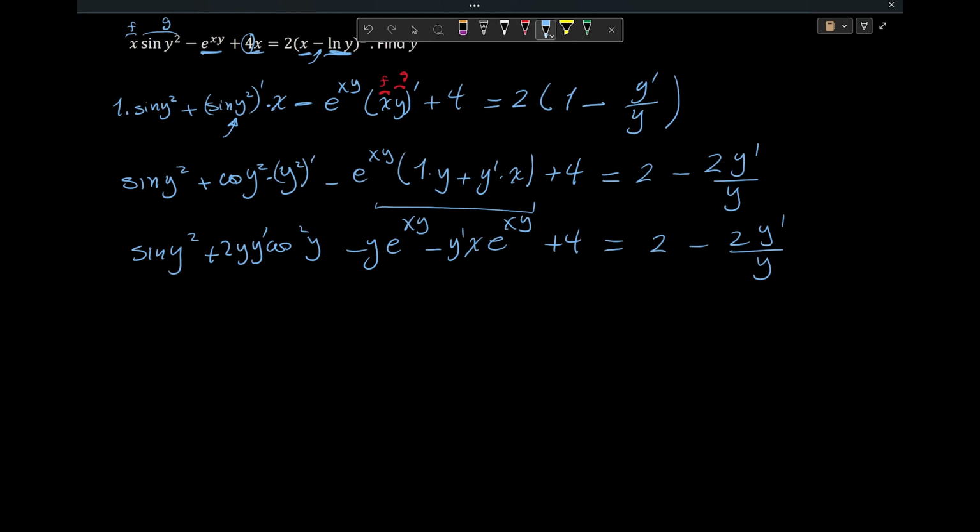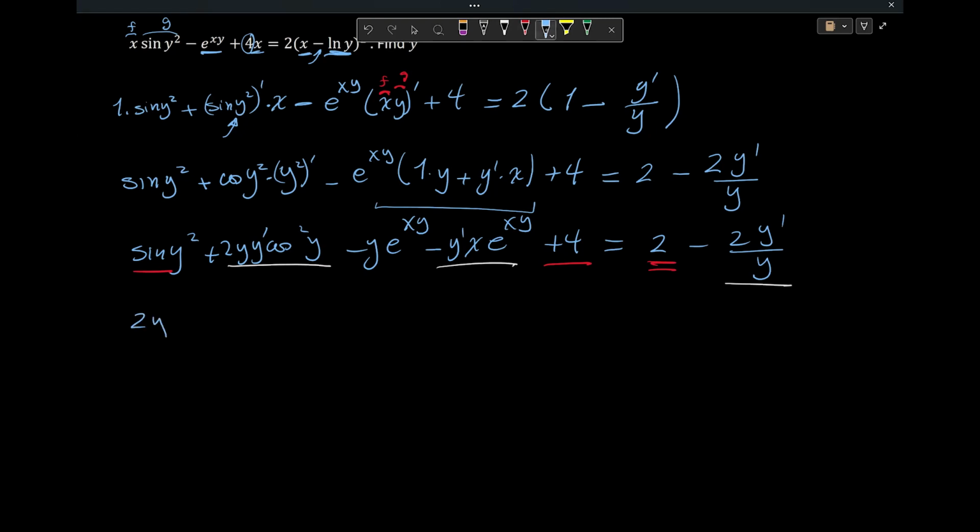So how many terms have y prime in them? This one and this one. I need them on one side so I can factor out the y prime. And then this term and this term need to go on the other side to combine with this term, since they don't have y prime. So let's do it.